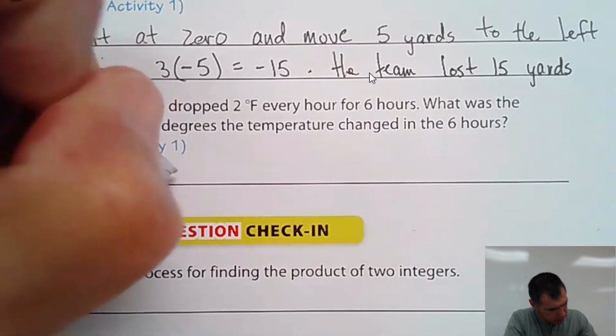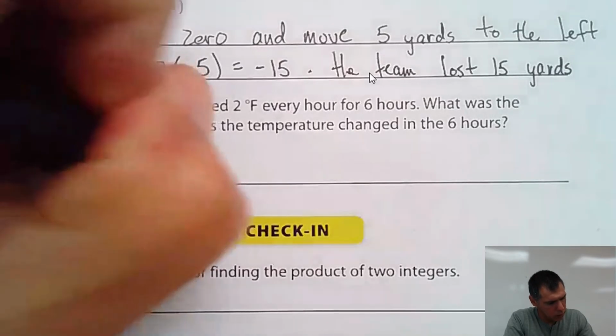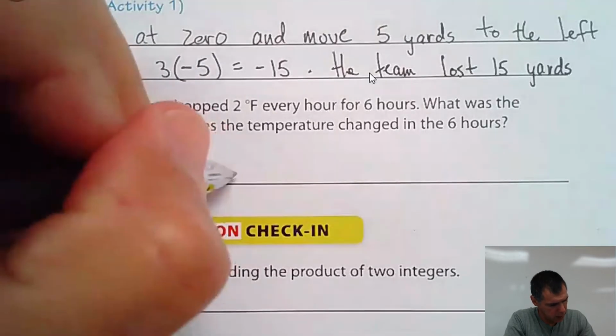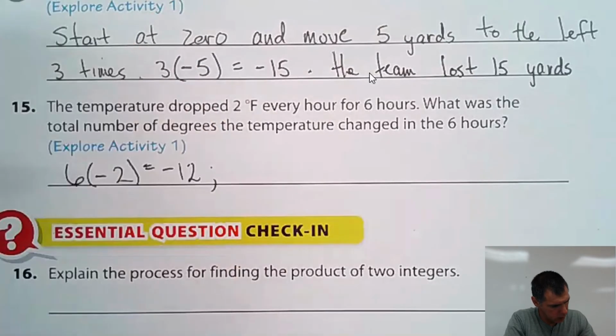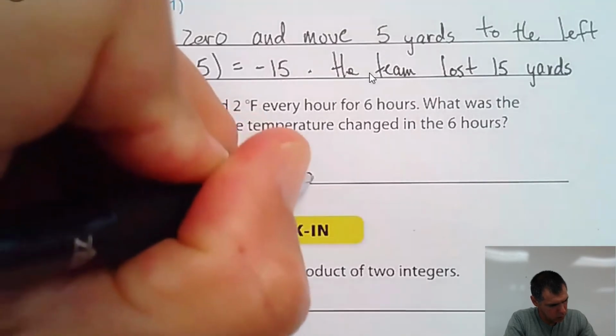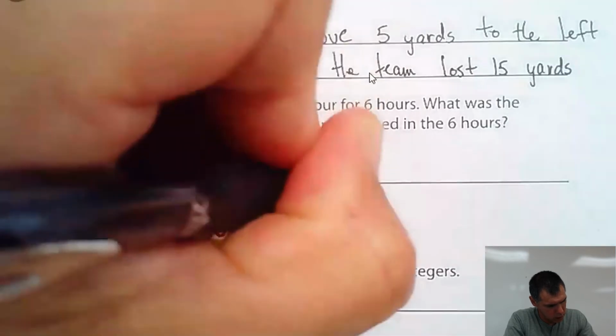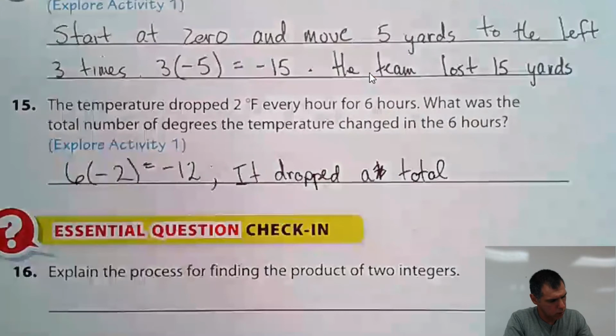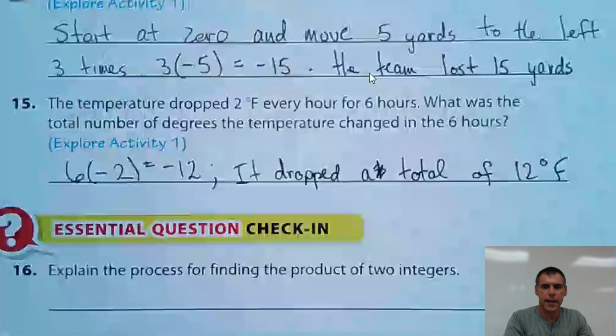So that is negative 12. So yeah, it dropped a total of 12 degrees Fahrenheit.